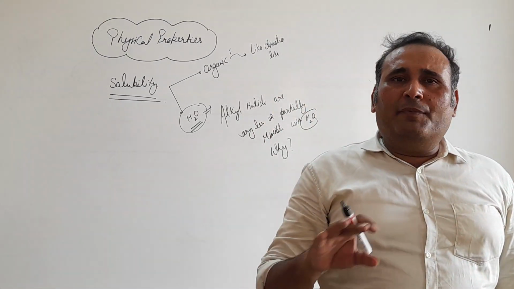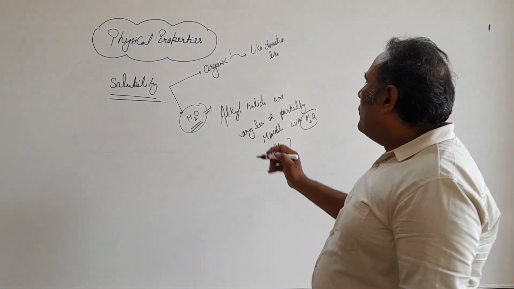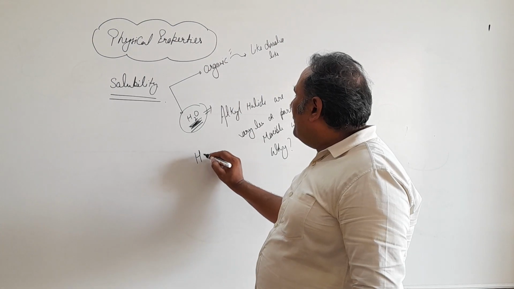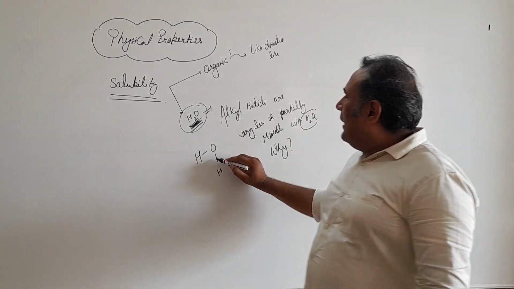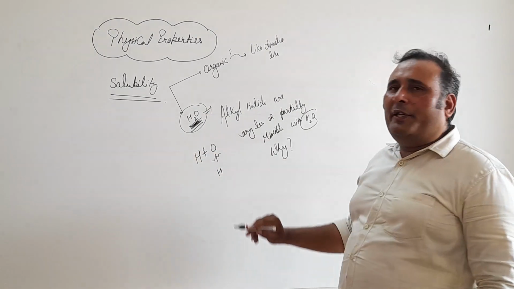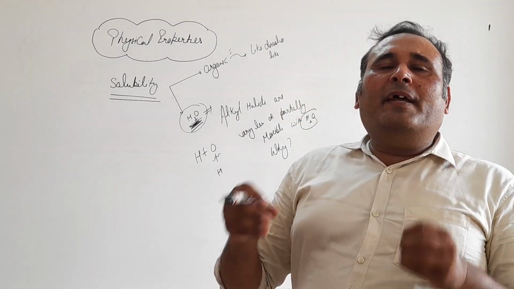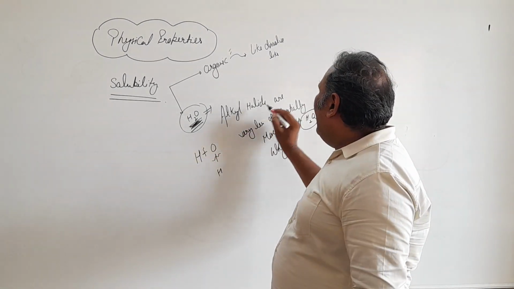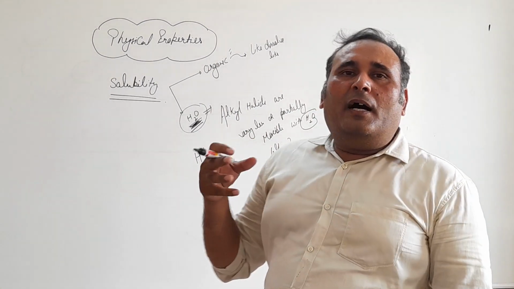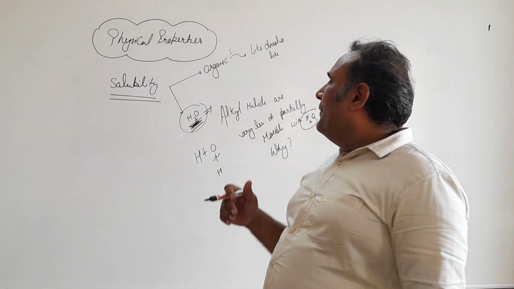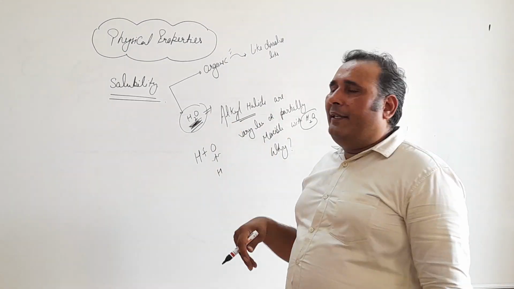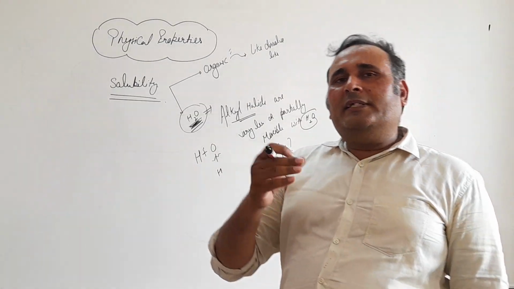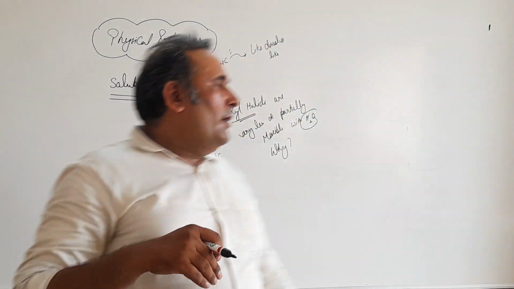They are not properly miscible with water, because if we are talking about miscibility with water, then the energy required to break the hydrogen bonding of water molecules is not sufficient when we mix alkyl halide in water. So basically alkyl halides are partially miscible with water. So these are the physical properties of alkyl halide.